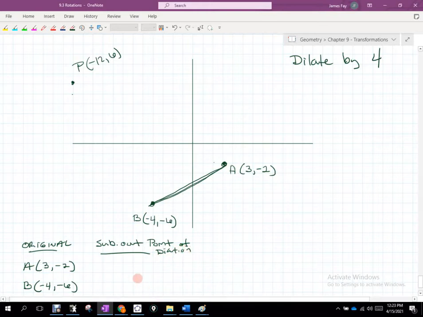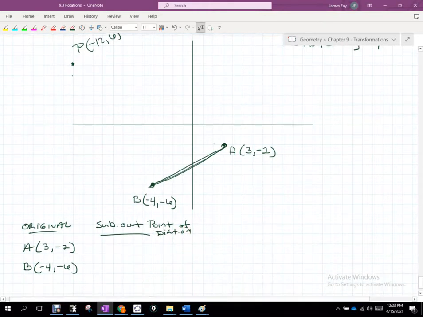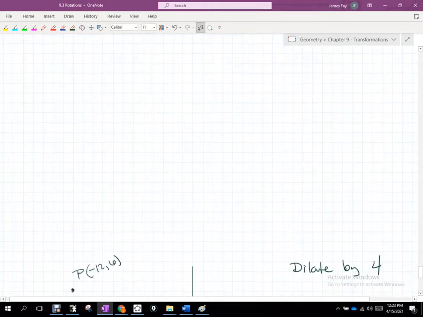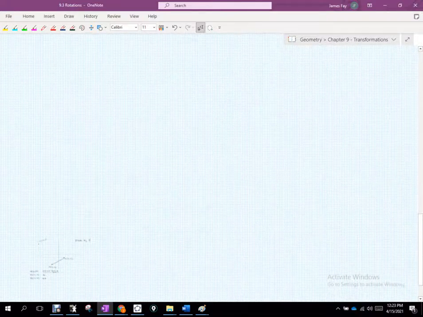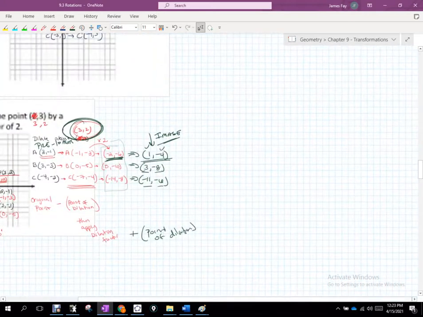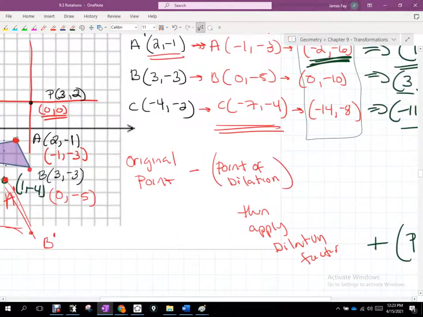Okay, with everybody? Just be careful when you do that subtraction, because remember what we did in the previous one. We did original minus the point of dilation, right?